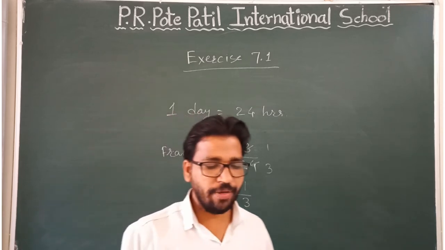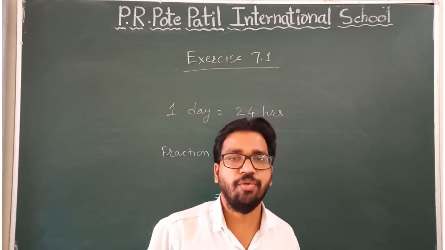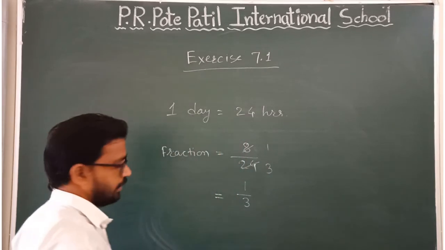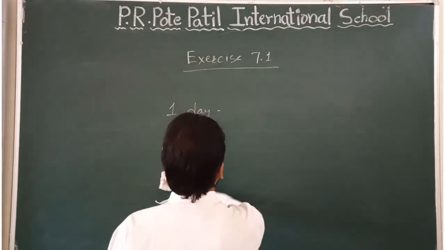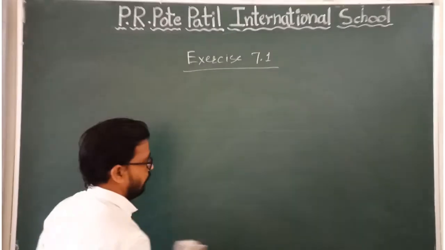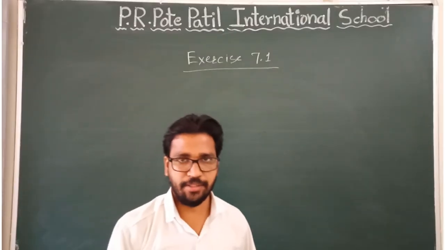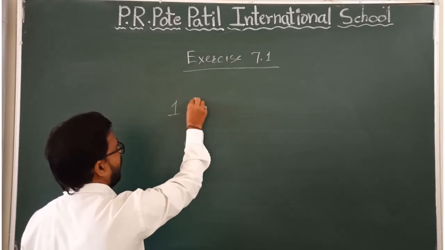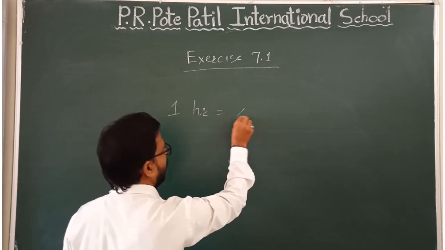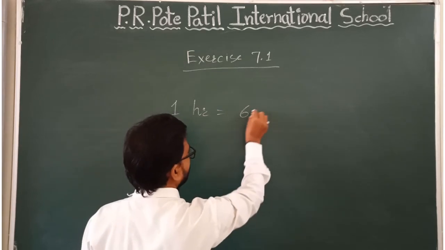Okay. In question number 5, what fraction of an hour is 40 minutes? What fraction of an hour is 40 minutes? Now, fraction of an hour means in 1 hour, how many minutes are there? In 1 hour, so 1 hour equals how many minutes? 60 minutes.